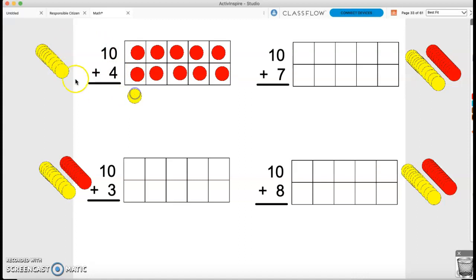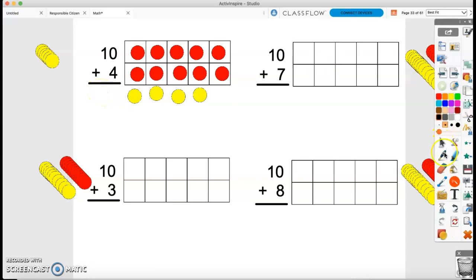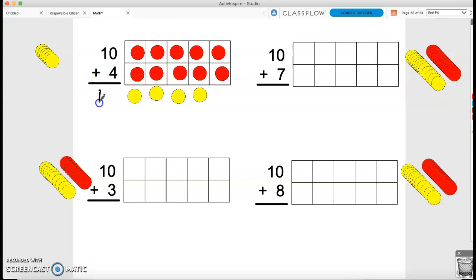So 10 and then 4 more. 1, 2, 3, 4. So I can say 10 and count up: 10, 11, 12, 13, 14. So I know that I have 14.